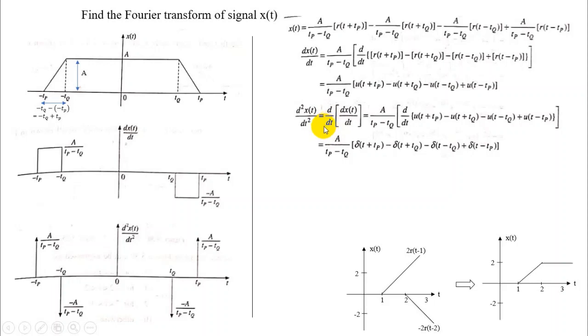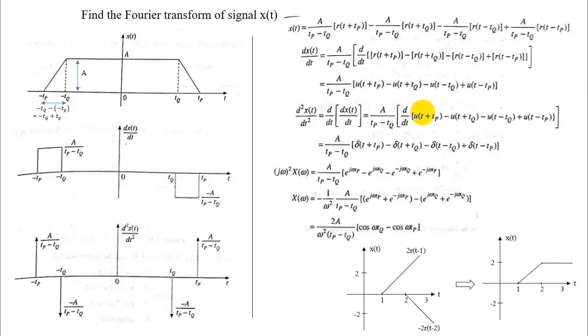The most important thing is that we need to know the Fourier transform of the impulse function. In the previous two lectures I tried to mention that it is very important to know the Fourier transform of the delta function. To solve this way, this is the key point you need to know.